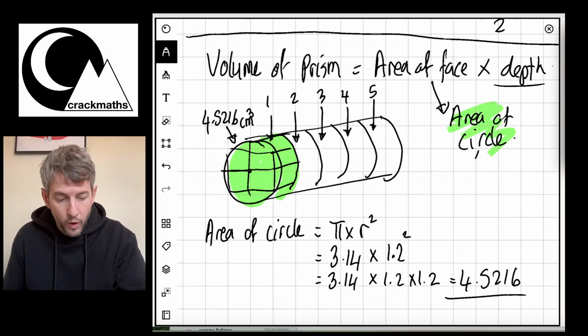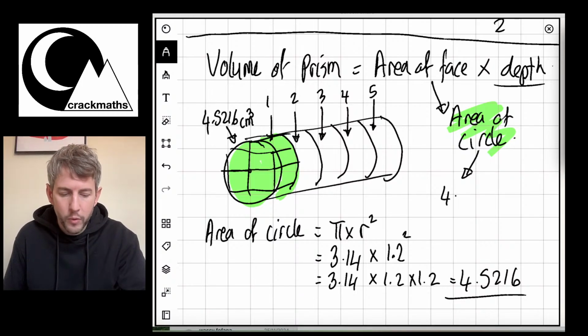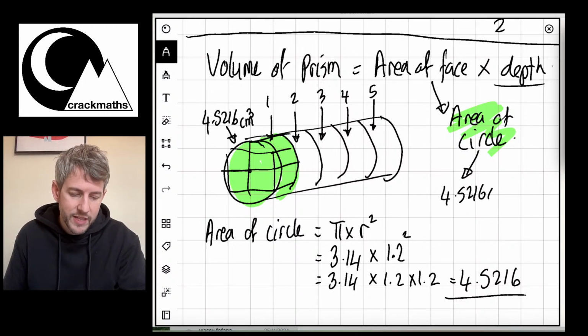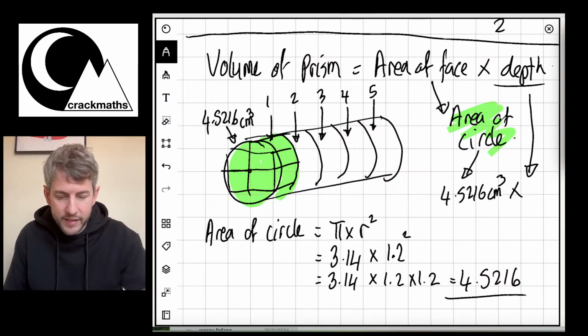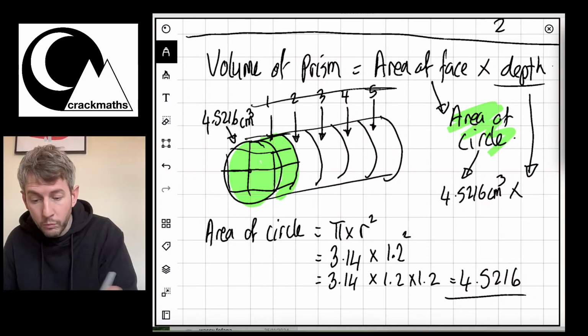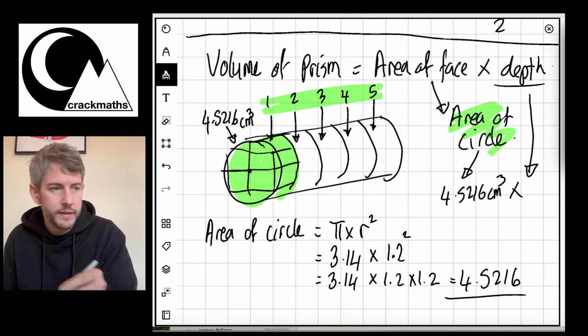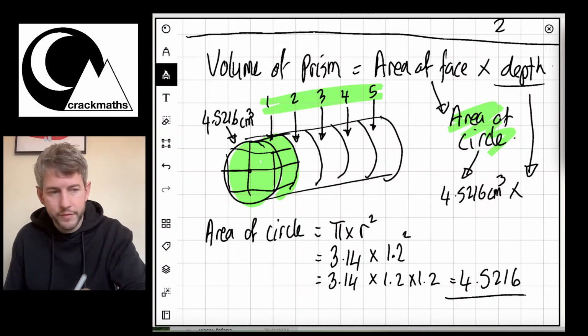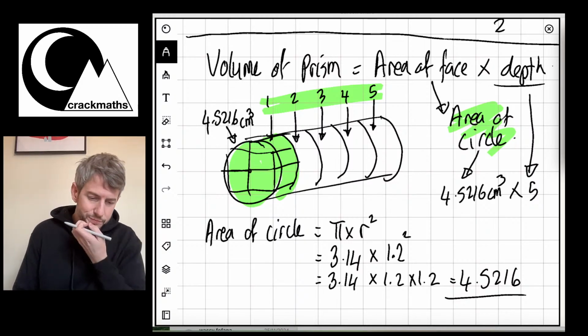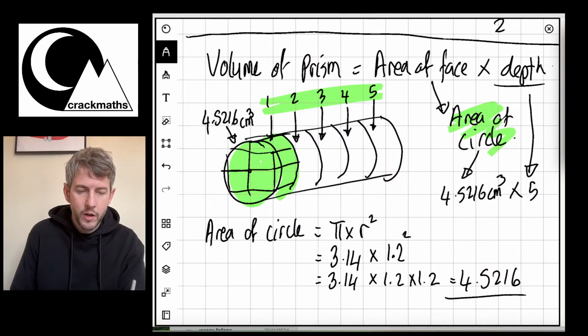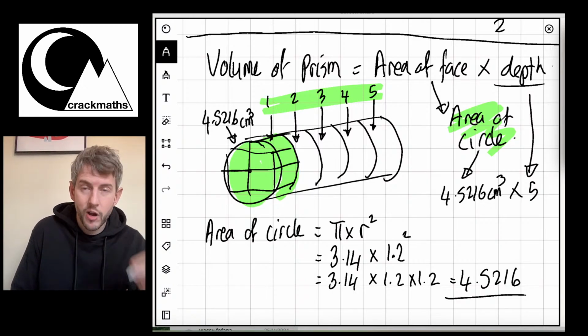So I've got the area of the circle here. So that's what I've been talking about. That's this 4.5216 centimetres cubed. And then I've got the depth here. Okay, and the depth I can see from this bit here, I can see I've got 5. So the depth is 5. So for the volume of this prism, I'm going to do 4.5216 times 5.